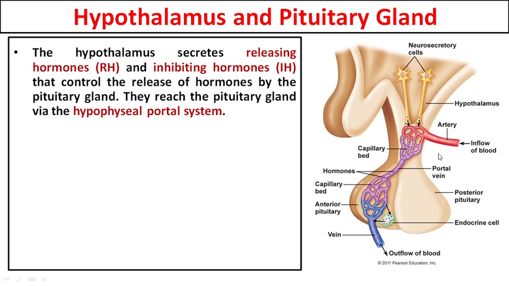Now, normally, just think of your circulatory system. What happens there? You have a main artery. The artery will break down into smaller arterioles. The arterioles further break down into capillaries, right? Now these capillaries try and converge. After converging, they form small blood vessels called venules.